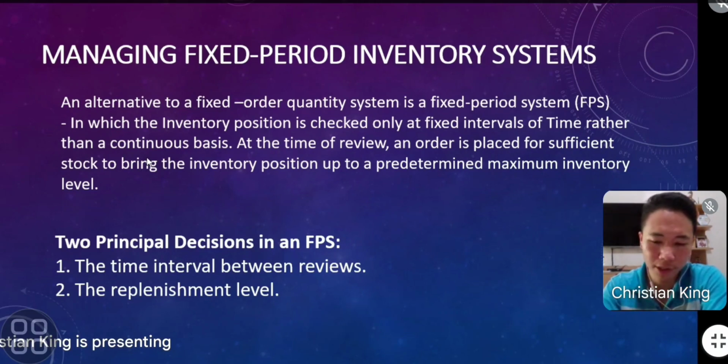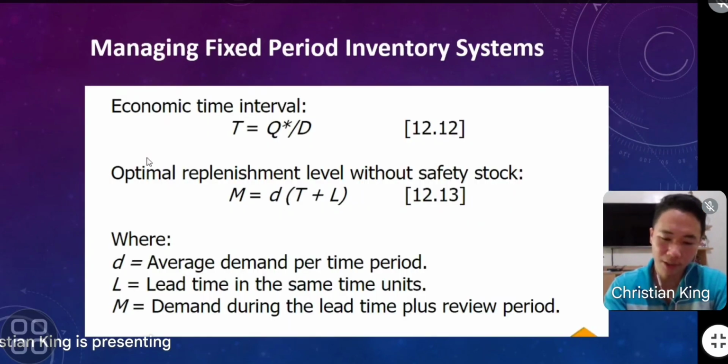We can also incorporate economics using the EOQ model, because it provides the best economic time interval for establishing an optimal policy for an FPS system under the model assumptions, where the economic time interval is equal to the quantity over the average demand per time period.